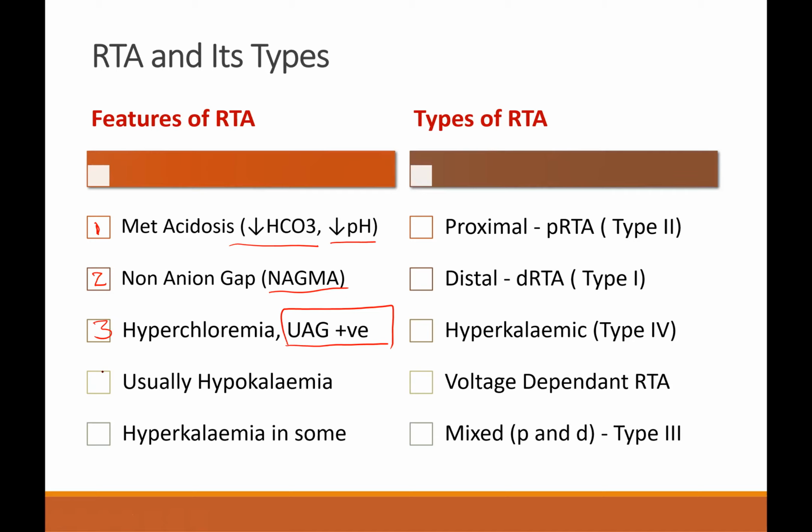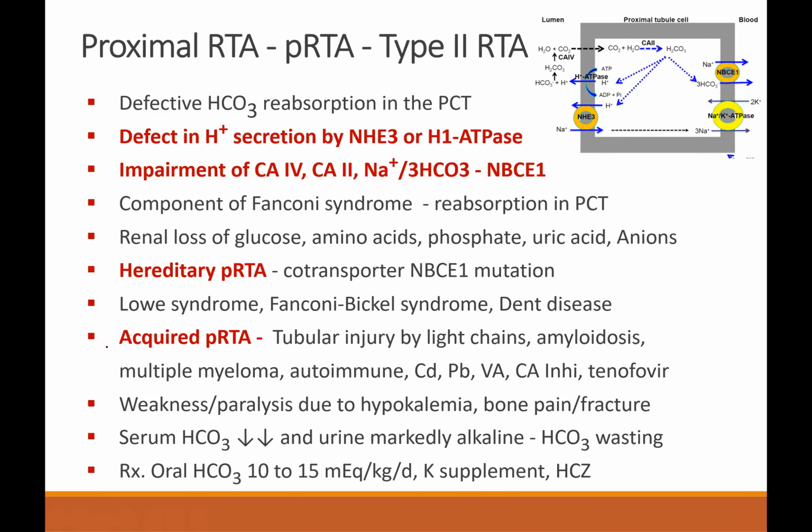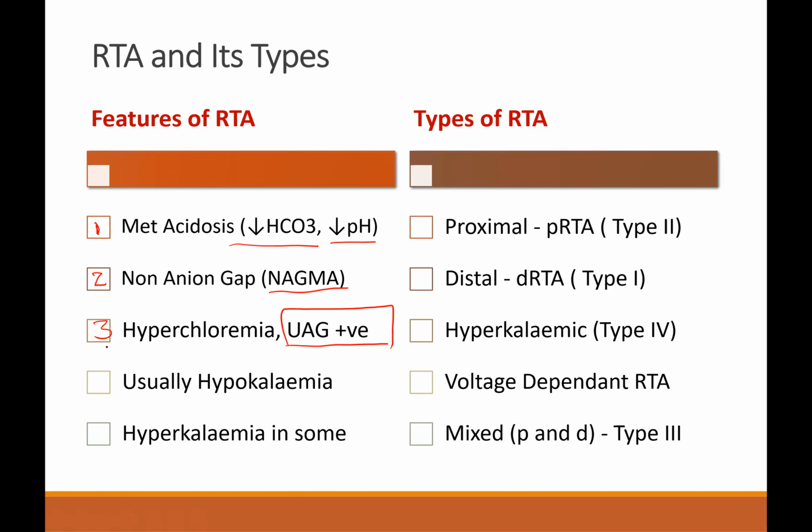And remember, normally what will happen whenever there is acidosis? We expect the potassium to be high. We know that potassium is the poor man's barometer. If the pH is lower, acidosis is there, potassium will be high; if alkalosis is there, potassium will be low. But here, because the mechanism is involved in the kidney, there will be hypokalemia.